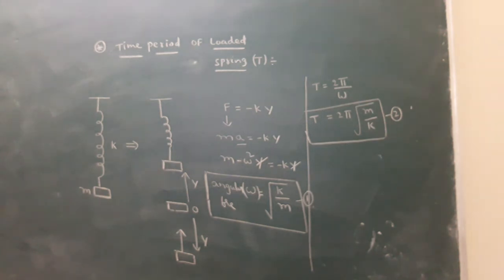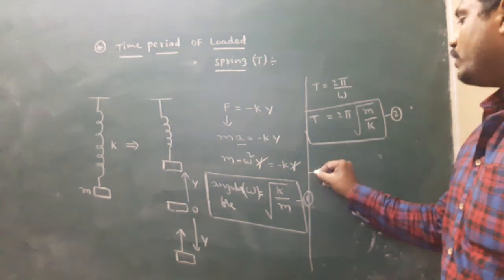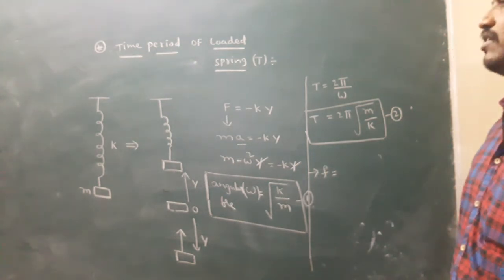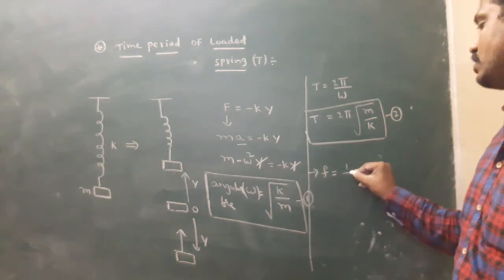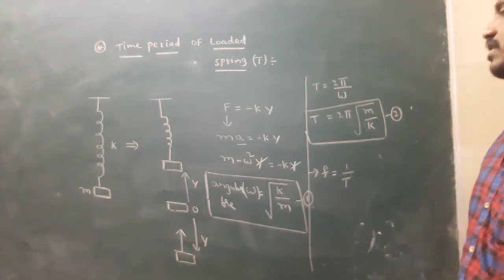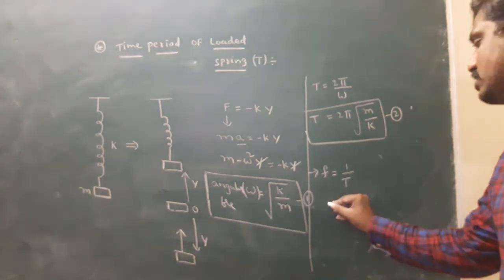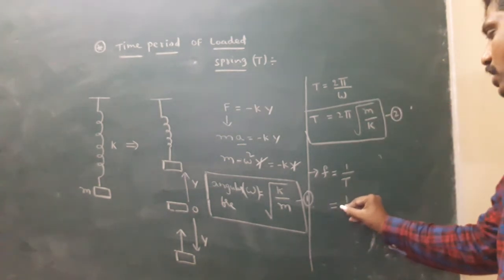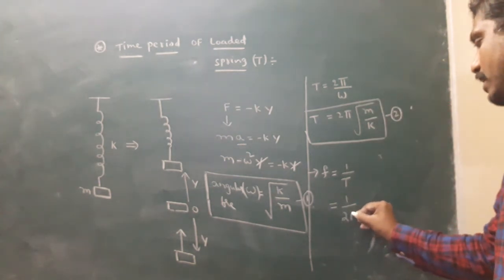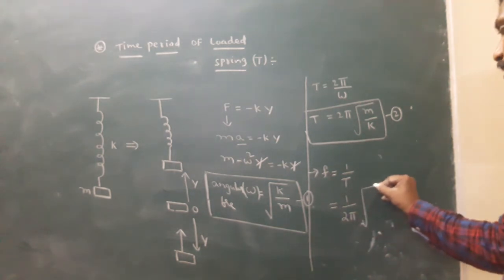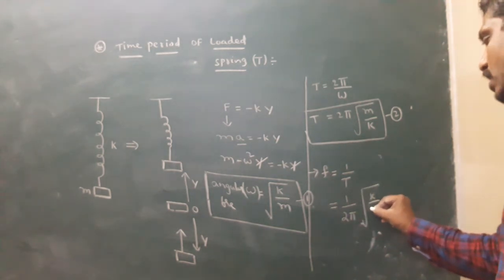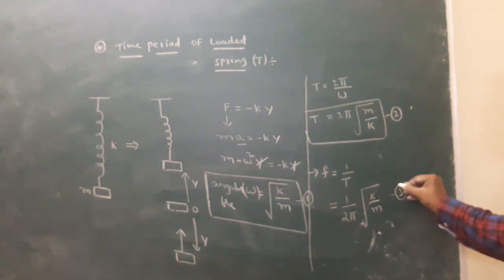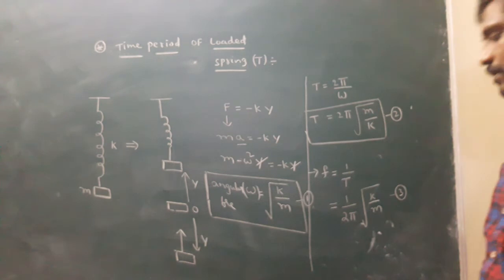Please look at this. Next, we discuss frequency. The frequency of the loaded spring is the reciprocal of the time period, which means 1 by 2 pi under root K by M. This is the formula for the frequency of the loaded spring.